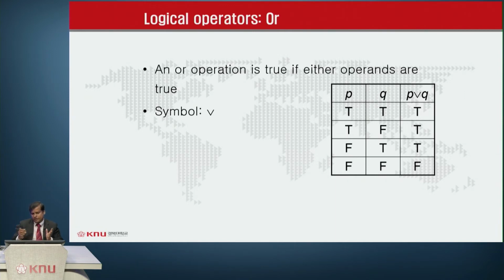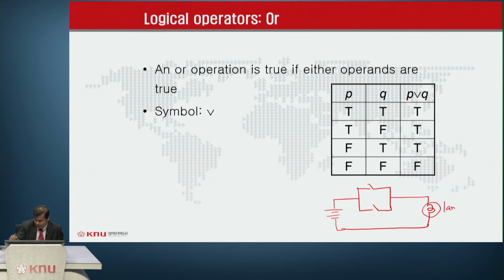Again, you can represent the whole thing by means of a simple circuit. Let us see a simple one here. Again, you have a battery, you have a lamp here, and you have two switches, P and Q. If I turn on just one of these two switches, will my lamp glow?